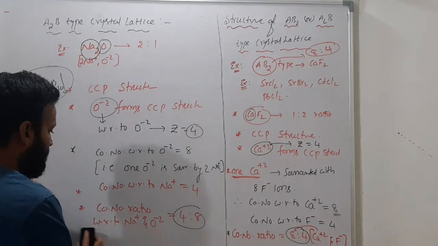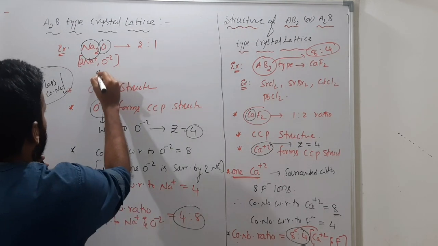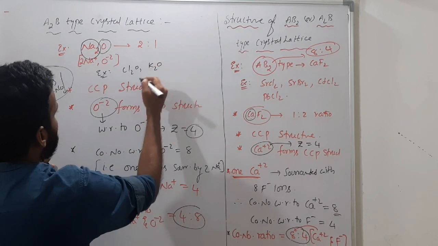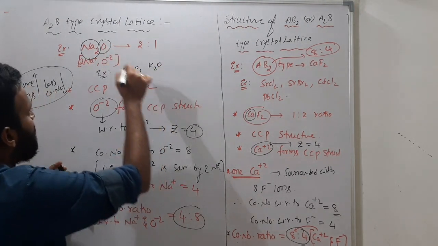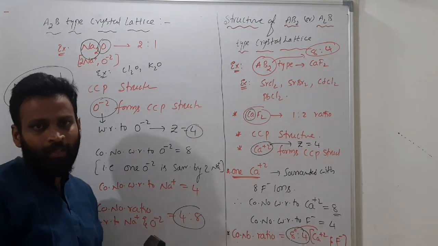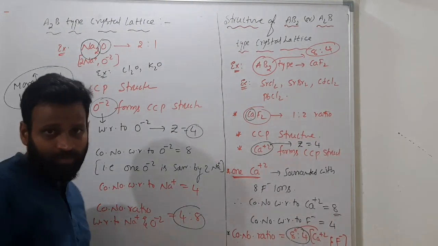So who are the examples for these? I'll write here examples: Li2O, K2O, Cs2O, all these kinds come under this Na2O type crystal lattice. So these types are very important for us.